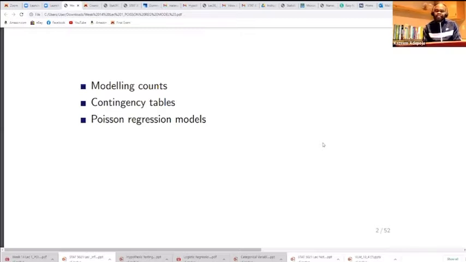But why can we not also use ordinary linear regression to model counts? Number one, there is a violation of the assumption of normality, because the probability distribution of counts is not normal; it is observed to be skewed.